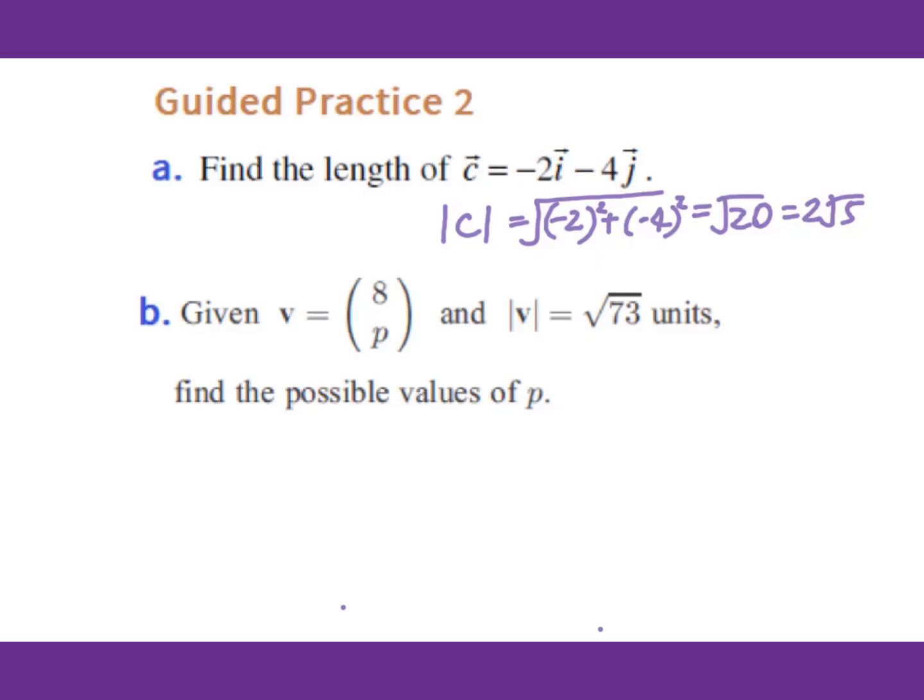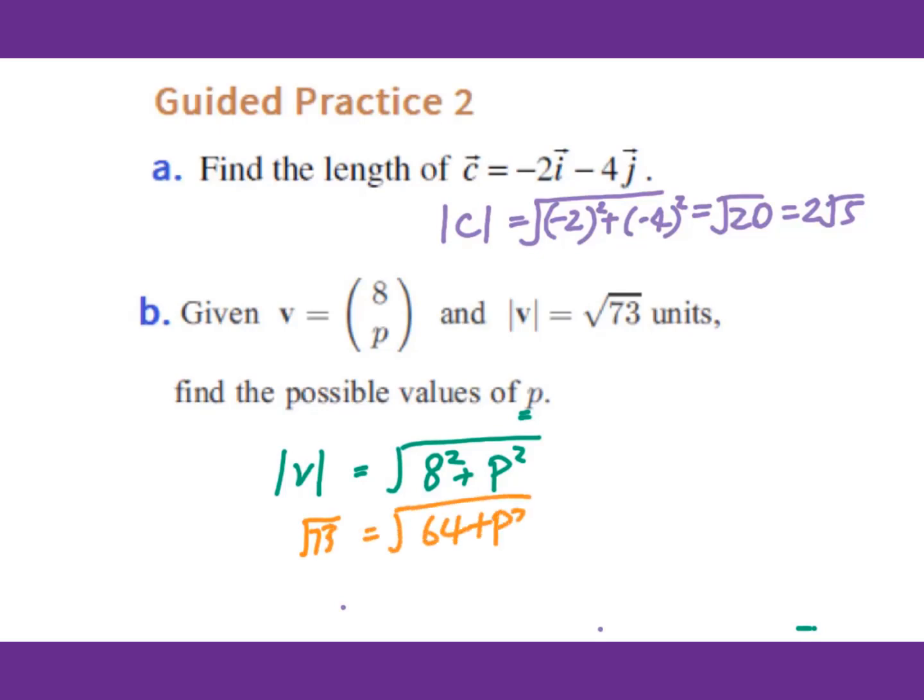For b, given v equals (8, p) and the magnitude of v equals the square root of 73, what are the possible values of p? We will set up the magnitude of vector v equals the square root of 8 squared plus p squared. So we plug in, and get the square root of 73 equals the square root of 64 plus p squared. Then we square both sides.